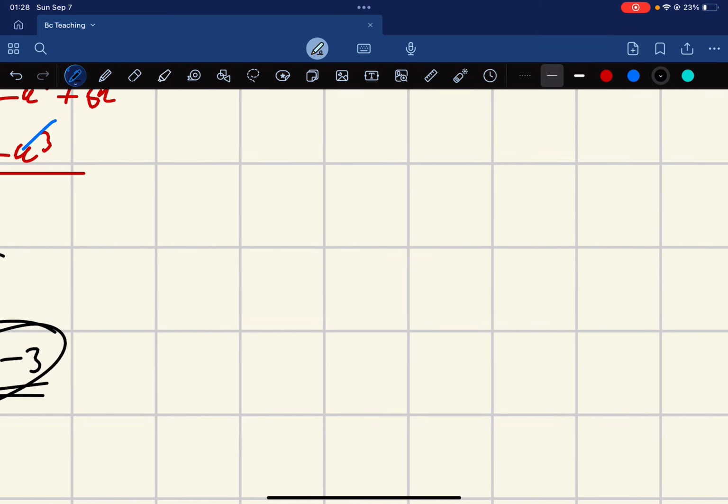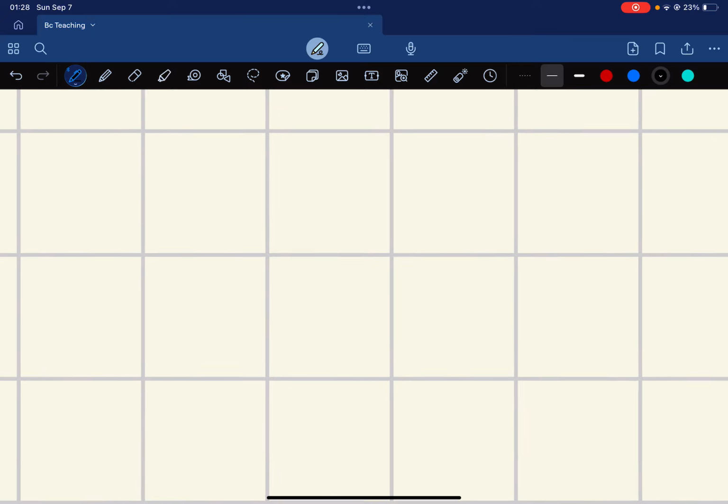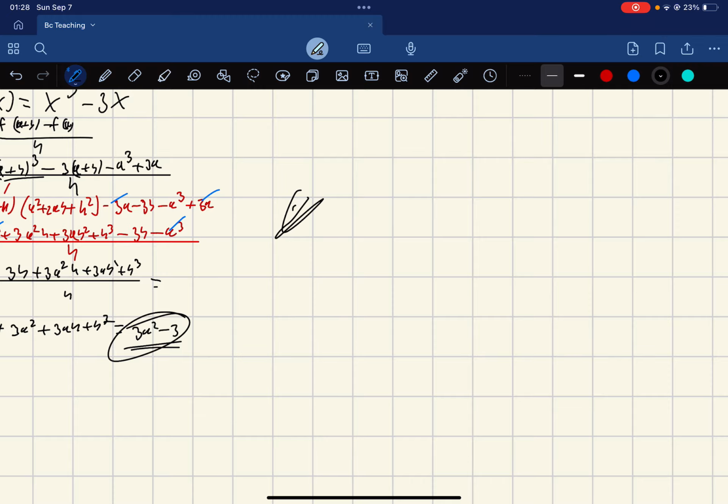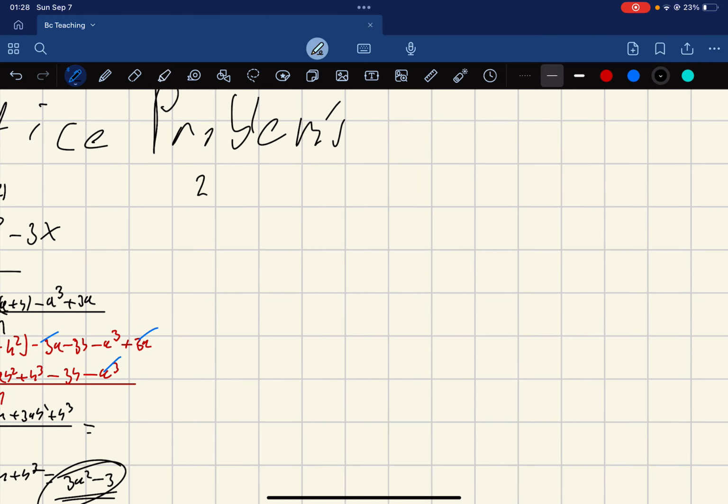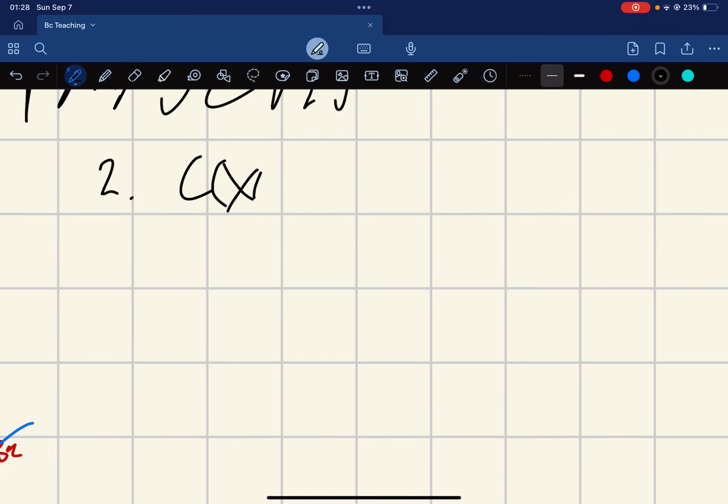So you're given the cost in dollars of producing X units of a certain commodity: C of X, the cost of X, equals 5,000 plus 10X plus 0.05X squared.